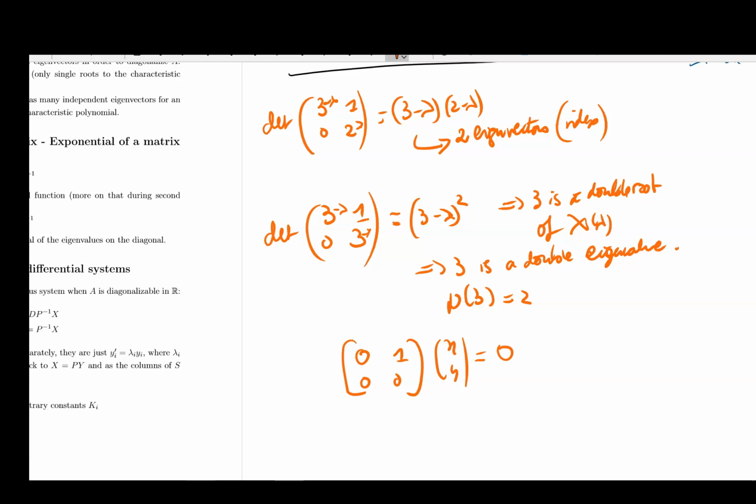I get only one condition, that y should be equal to 0. And so my eigenspace associated to 3 is going to be spanned by one single eigenvector, the one where x is free and y has to be equal to 0. I only have one vector.